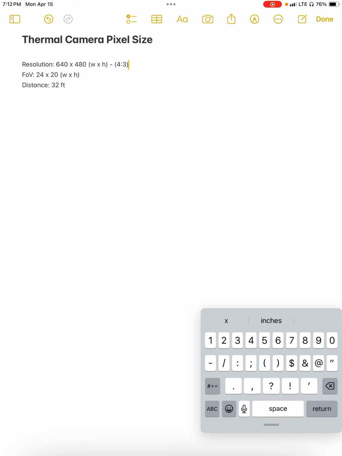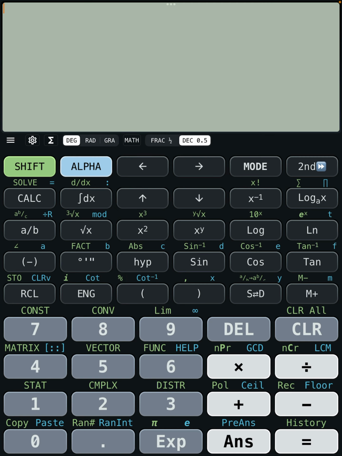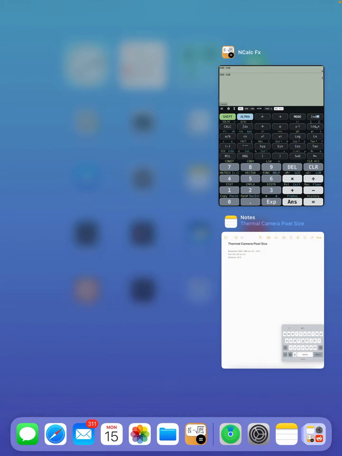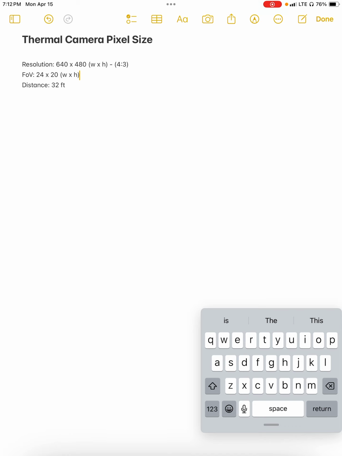The way we get that is you find the greatest common divisor. In the case of 640 and 480, that's 160. So if I do 640 divided by 160, it equals 4, and 480 divided by 160 equals 3. That's where the 4:3 aspect ratio comes in.